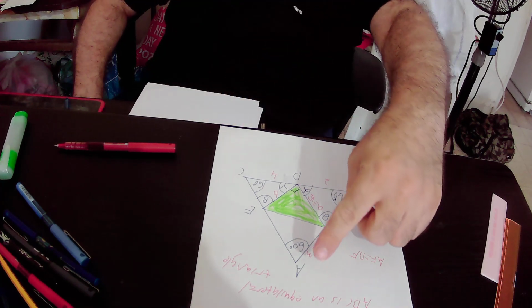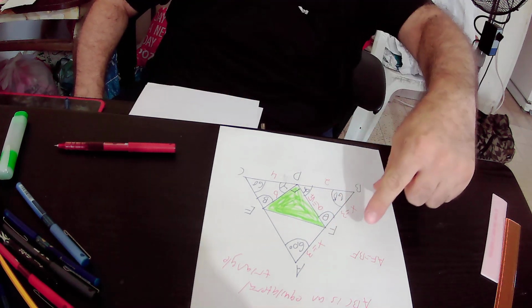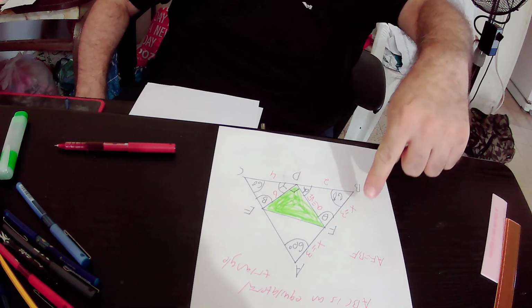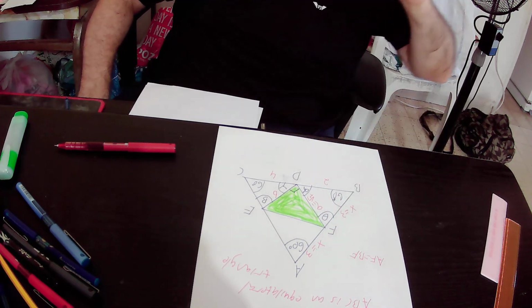If we define AF as X, then BF equals AF, so BF also will be equal to X.